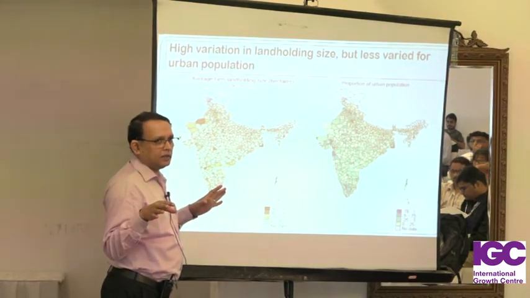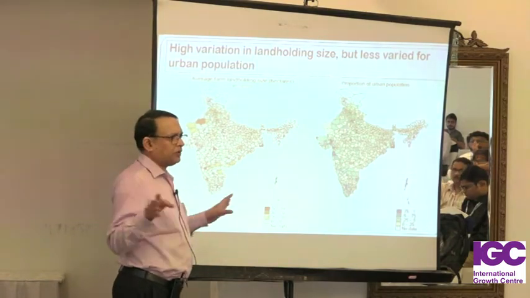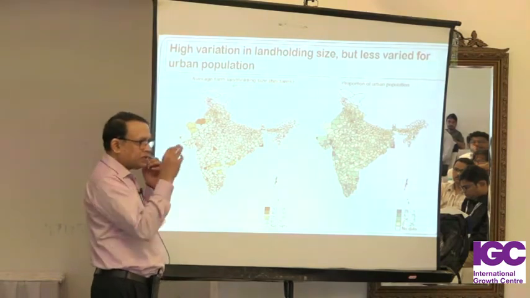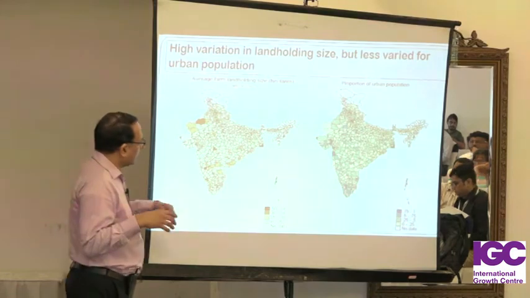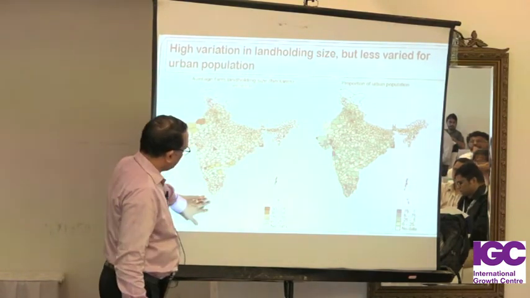This is where the size of farms has come down more or less uniformly everywhere. It's not specific to some parts of the country. All over the country, you see, this is all the same color.